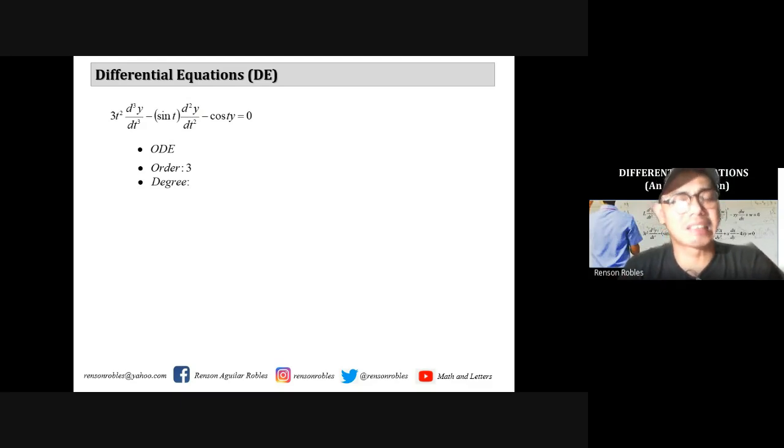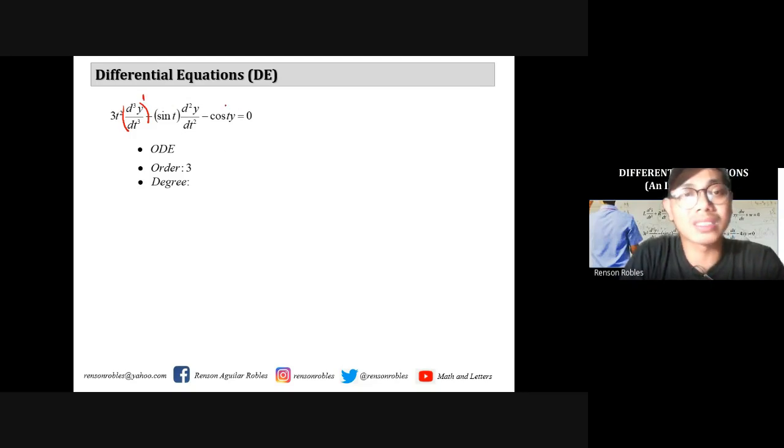Now, what about the degree? We define degree as the highest power of the highest order derivative. Here, we might say that the degree of this differential equation is equal to 1 since the third derivative is raised to the first power.